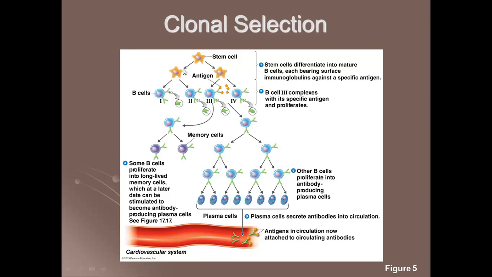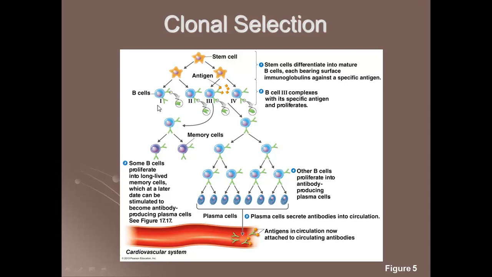Which one of these antibodies is going to be specific for this antigen? Right, it would be antibody number 3. Antibody number 3 will have that diamond shaped structure that will allow it to bind to this antigen.